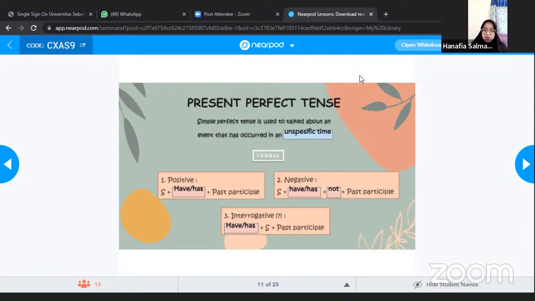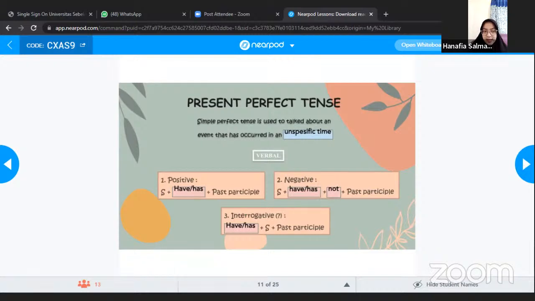We can use subject plus have or has, and then plus past participle. And the second is negative. We can use subject plus have or has plus not plus past participle. And this is the interrogative sentence. We can use have or has plus subject plus past participle.